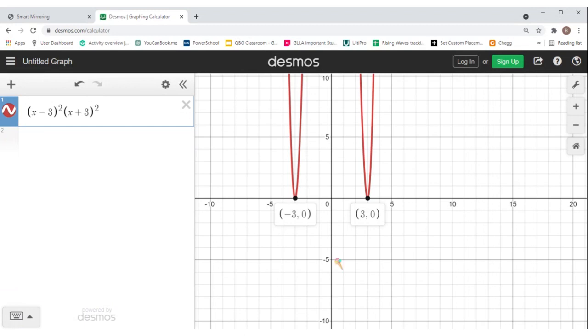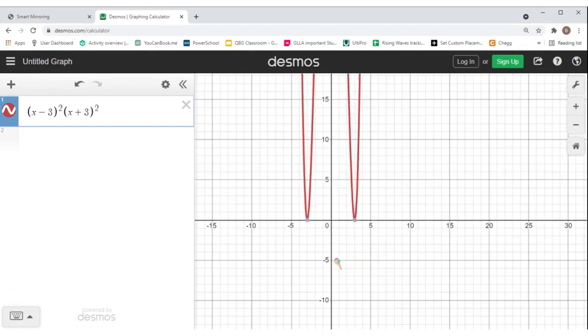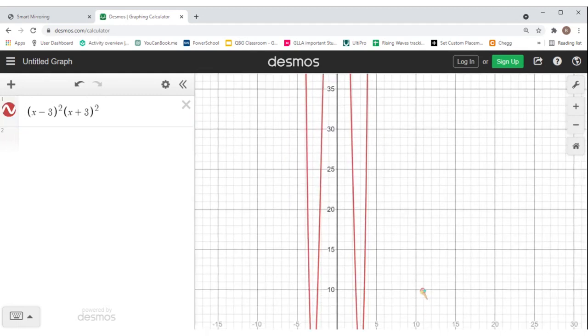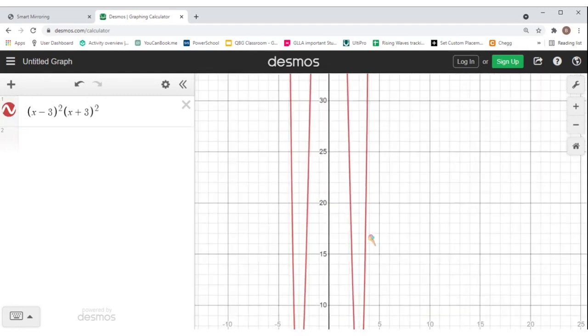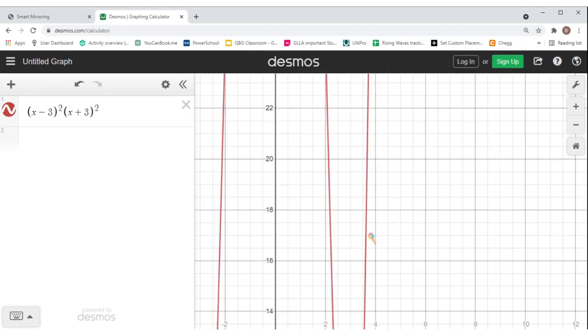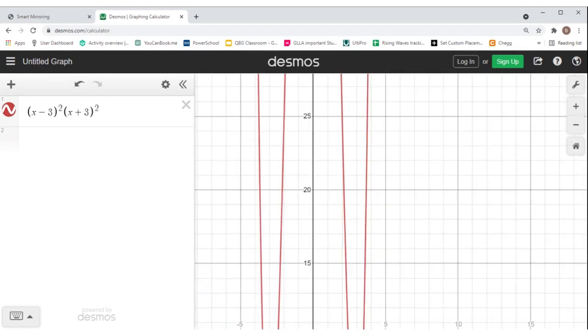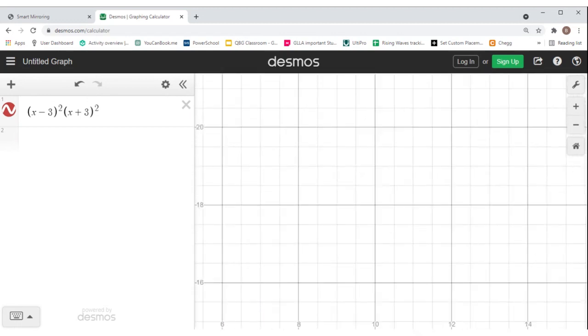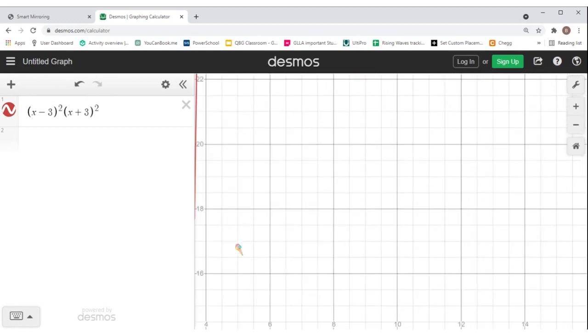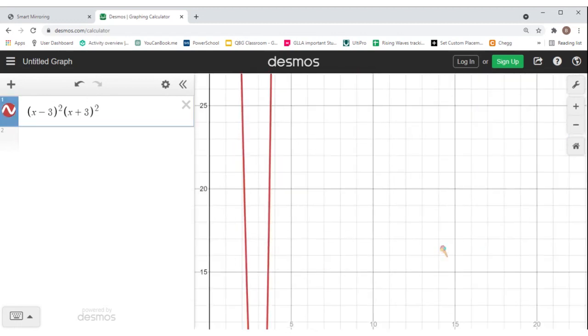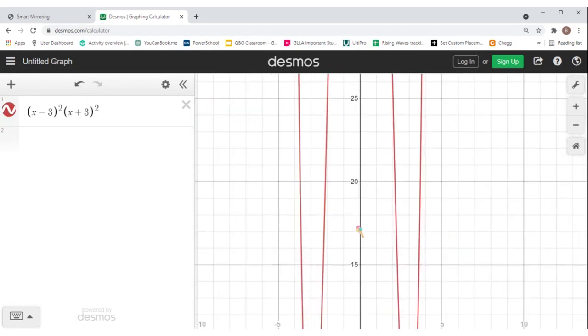Are there 2 minimums or 2 maximums? Oh, that's such a weird graph. Okay.